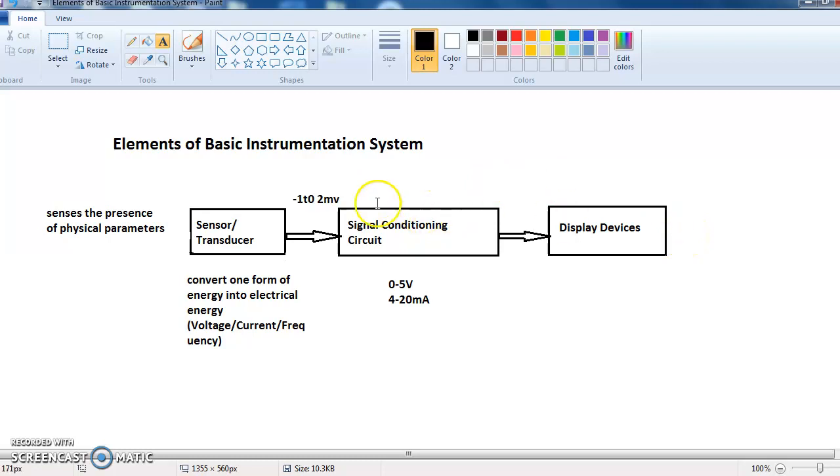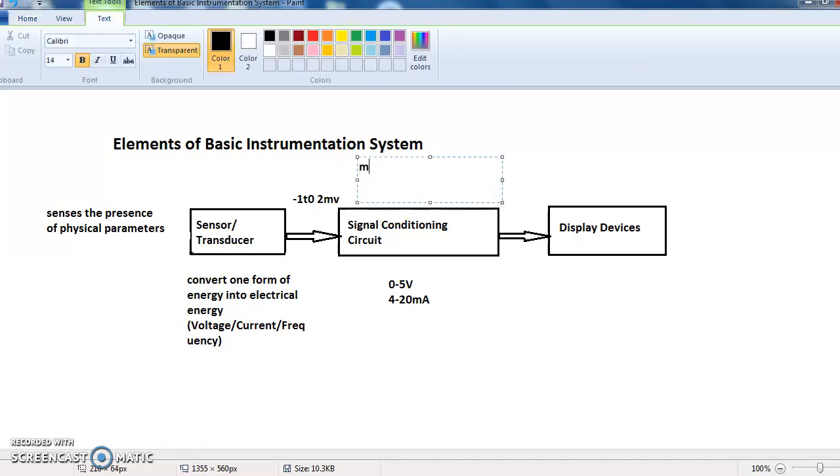No. If I pass this signal to longer distances, this signal will get lost. And that is why I need a signal conditioning circuit in between. So what do these signal conditioning circuits do? A signal conditioning circuit manipulates the signal.